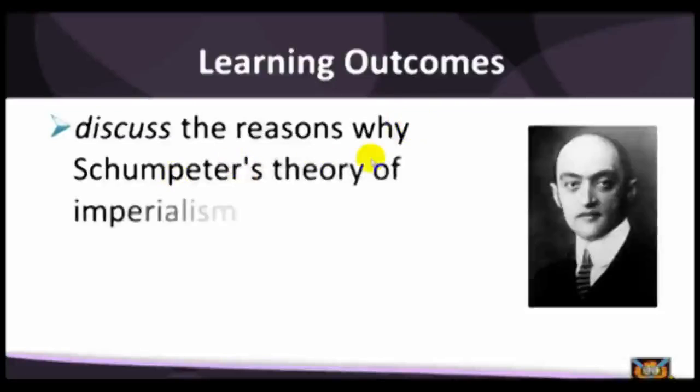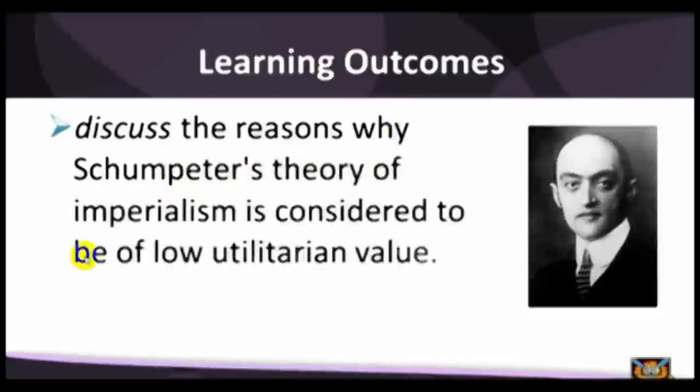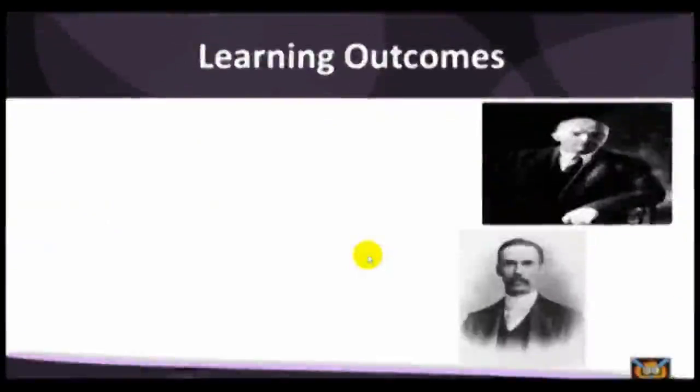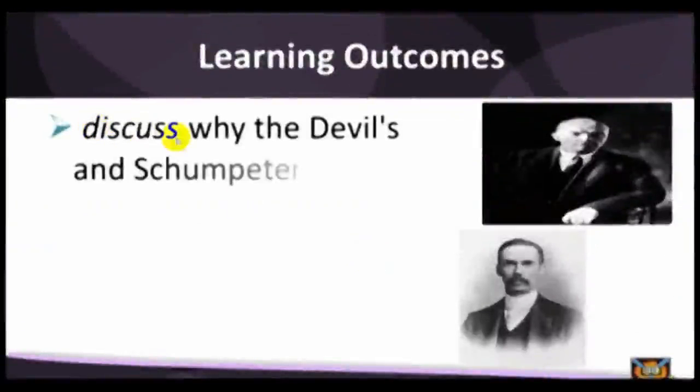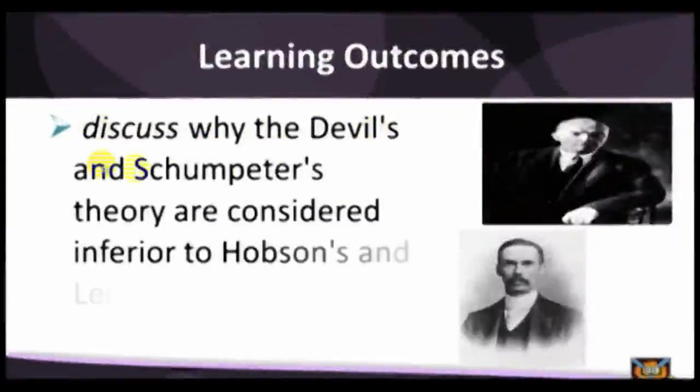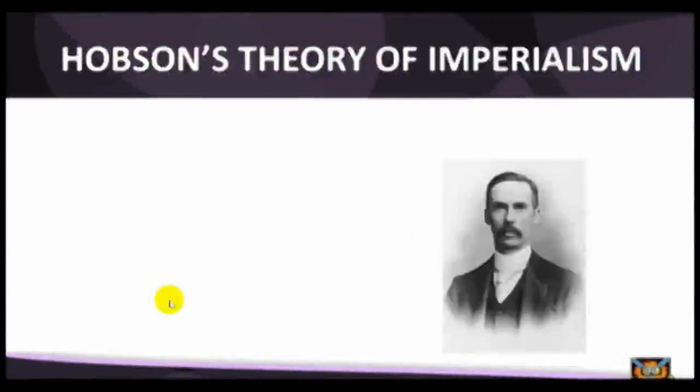Discuss the reasons why Schumpeter's theory of imperialism is considered to be of low utilitarian value. 4. Discuss why Schumpeter's and the other theory are considered inferior to Hobson's and Lenin's. Now let's move straight to Hobson's theory of imperialism.